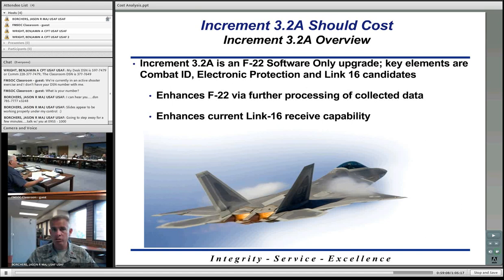Whereas looking at should cost, no, I don't believe there was any loss in capability. It's solely about finding efficiencies, finding better ways to do business, finding better ways to do more without more, to get where we need to go at a reduced cost. So just to answer in short, I'm pretty sure there was no loss in capability here.